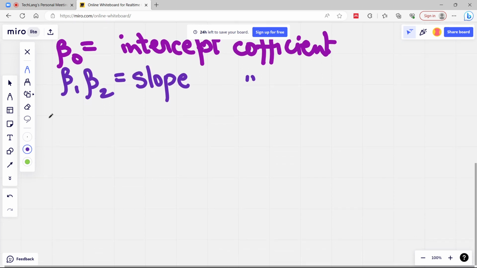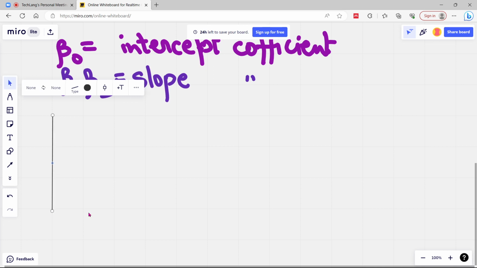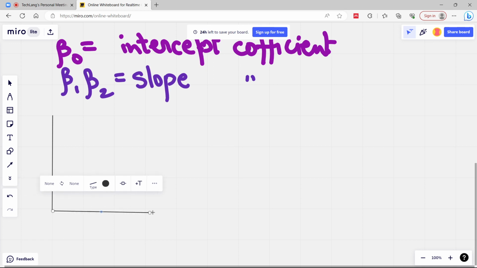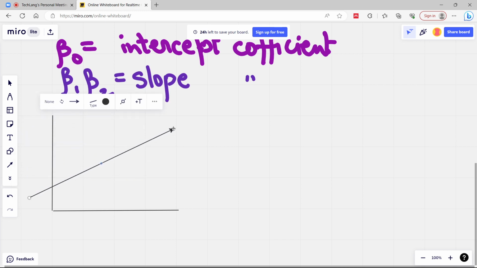Now, moving towards the mathematical background, let me create this line first, and the other axis, right? And beyond this axis I have this line equation.